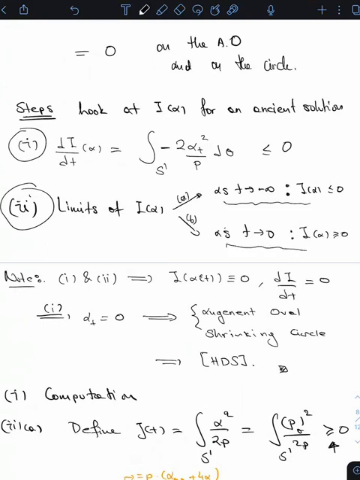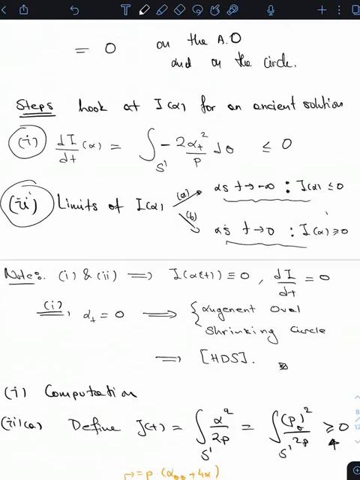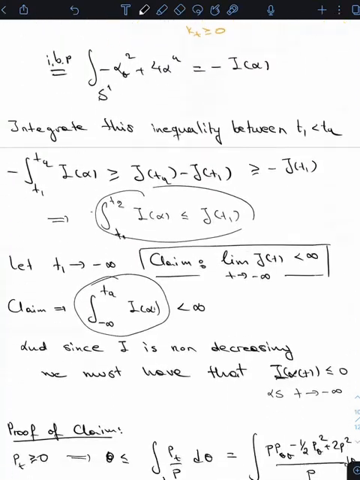For this other part, I'm going to skip it, it's a little bit technical, but the idea is that we use the fact that as t goes to 0, the solution shrinks to a round point. I'm just going to make a note at the end.